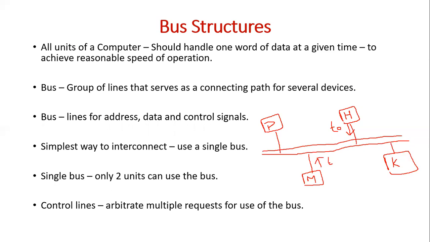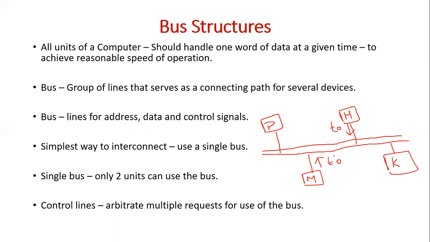The hard disk wants to write something to memory, right? The control unit in the hard disk gives a signal that some data should be written to the memory, and memory wants to send some data to the processor. That is, the processor has requested some data previously, and that should be transferred, and that will be done by the memory controller.